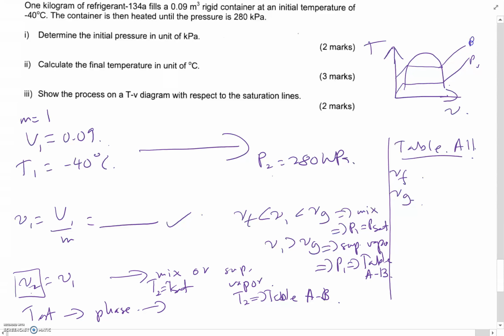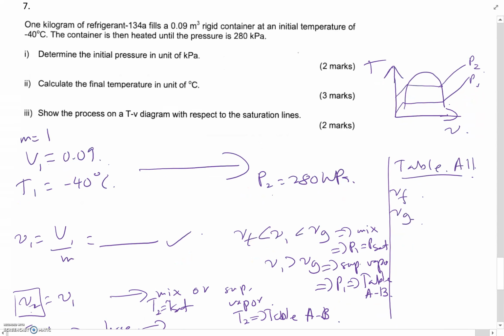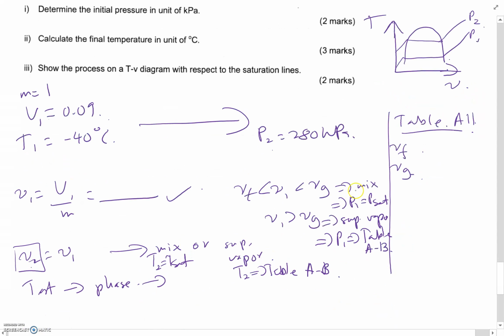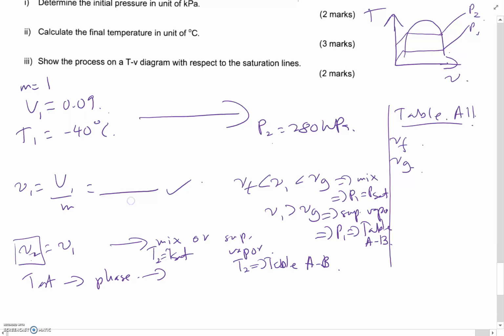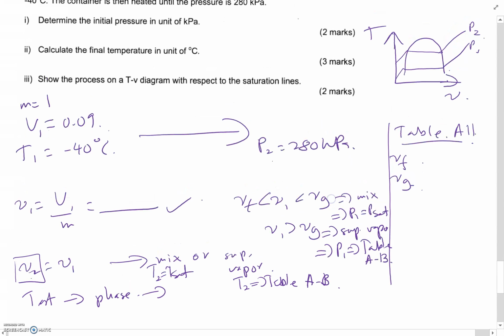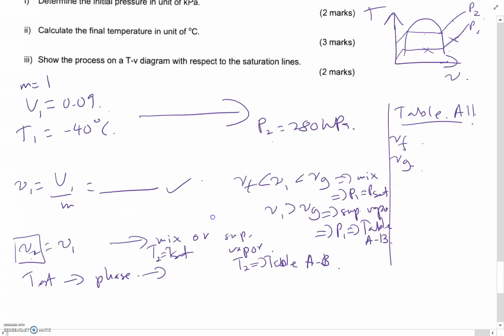This is P1, this is P2. So where is your state number 1? If it's a mixture, it can be somewhere around here. If it's superheated vapor, it can be somewhere around here. So you need to identify the phase first.